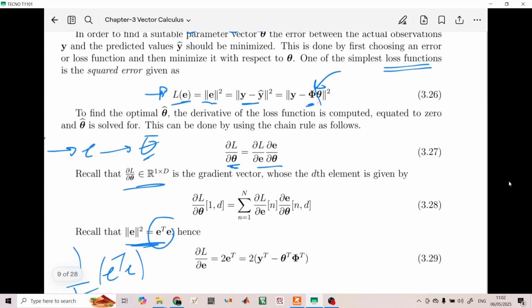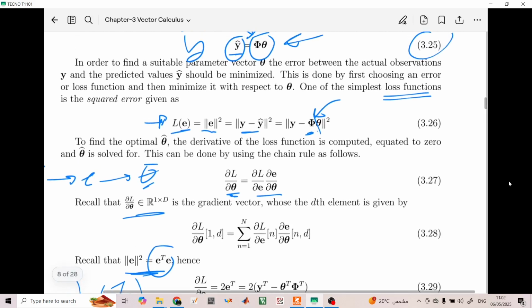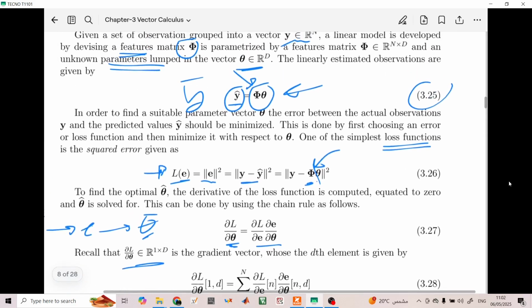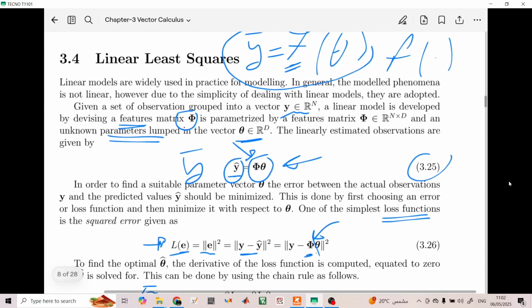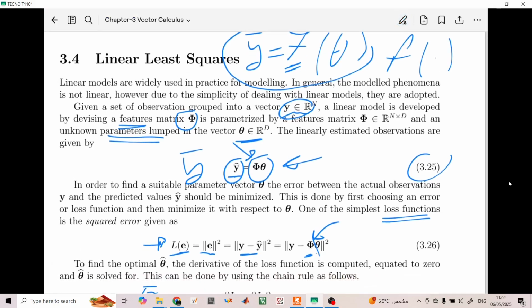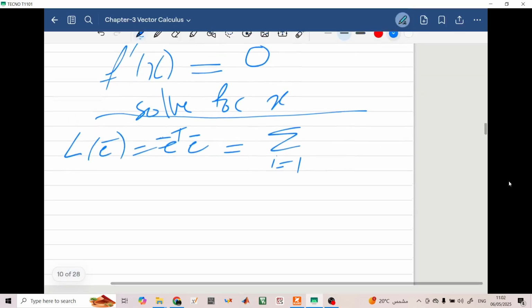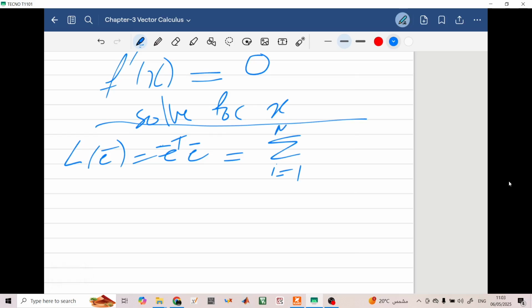What are the dimensions of E? E here depends on y, and y is N dimensional, right? So the counter should go from 1 till capital N, and this is e sub i squared, right?